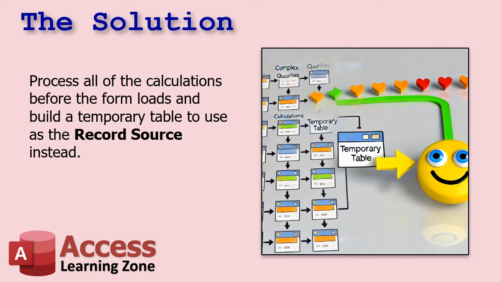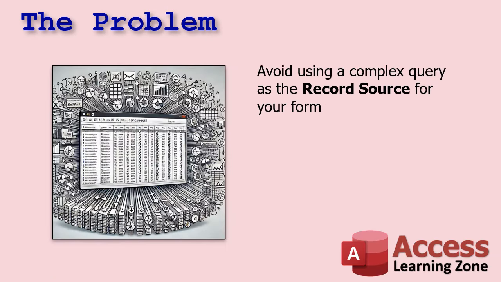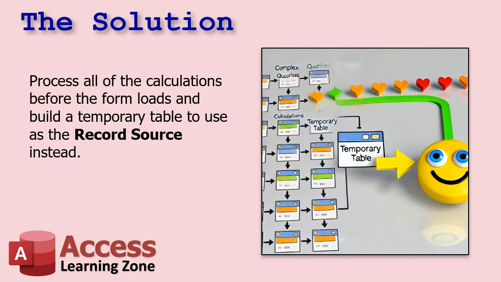Now, I do have to pause and talk about this image. I asked GPT to make me some images. It made a pretty cool one here, right? I said, give me a whole bunch of data and stuff going into a form, and that's pretty cool. And then for this one, I said, make me a picture of all the complex queries feeding a temporary table, and then it got that calculations and temporary table, right?